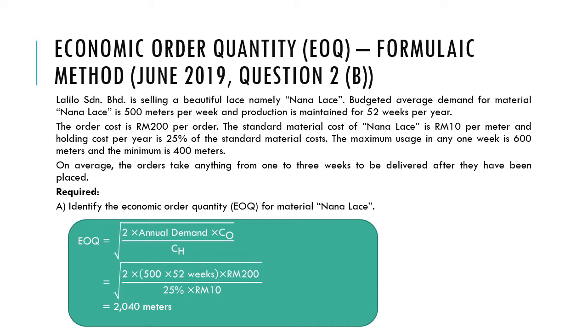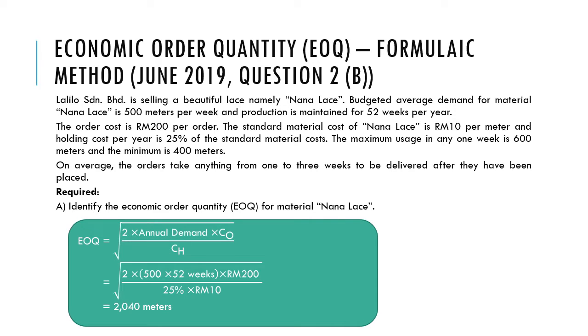Okay, so the first paragraph says that the average demand for material Nana lace is 500 meters per week, and the production for 1 year is 52 weeks. Therefore, for 1 year, we can get the annual demand. Okay, so we put in the figure accordingly. 2 times annual demand times the ordering cost, 200 ringgit per order.